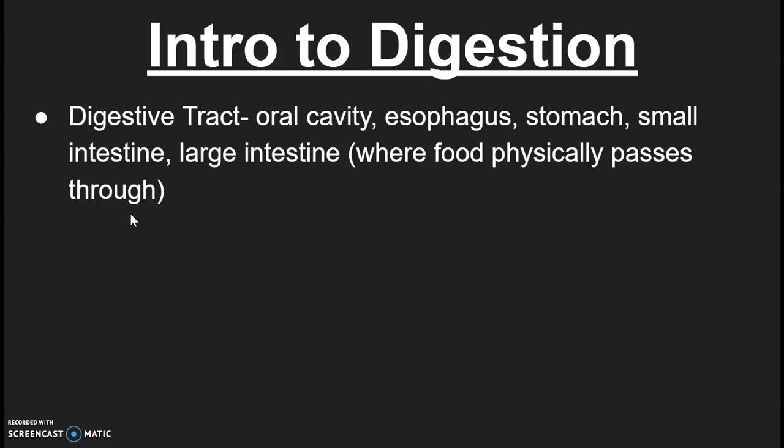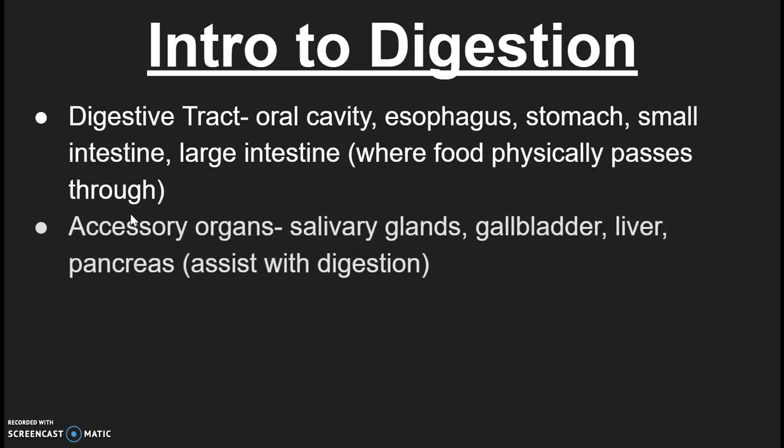So if we're considering the digestive tract, that's the area that the food actually physically moves through in your body. The reason this is important is there are accessory organs that are involved in this process, and these are things that contribute to the process of digestion, but the food doesn't actually physically move through these body parts. For example, the salivary glands provide the saliva in the mouth.